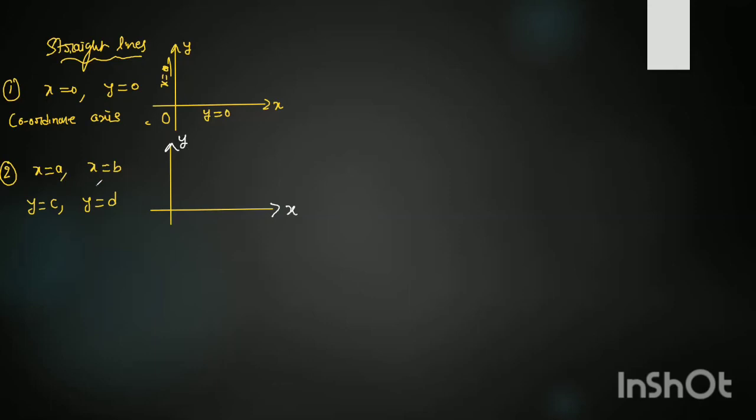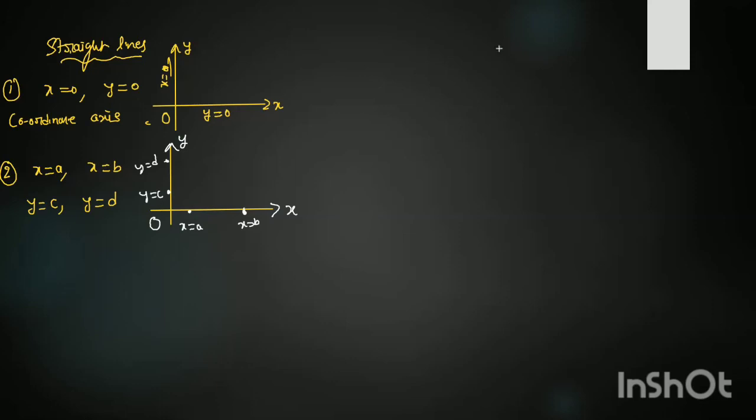X equal to a and x is equal to b, where you will plot, these are the points on the x-axis. X equal to a means somewhere here there is a point x is equal to a. And x equal to b means somewhere here we have x is equal to b. And y is equal to c, somewhere here we have y is equal to d.